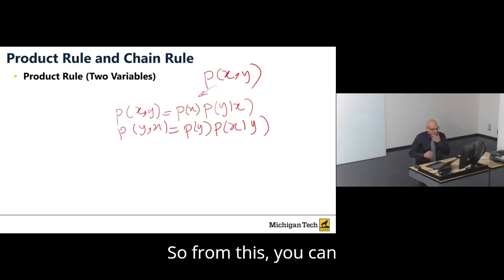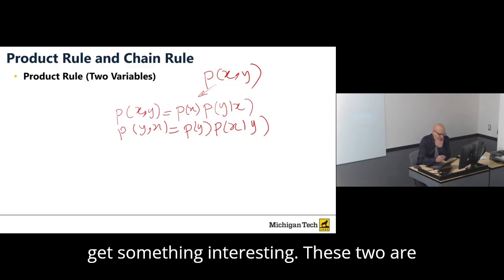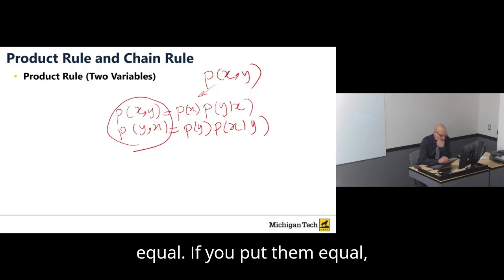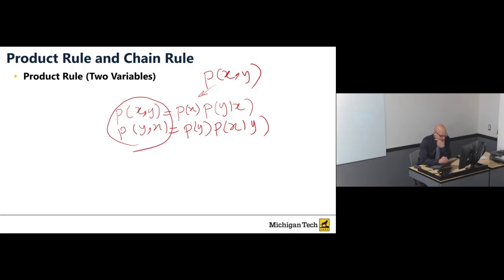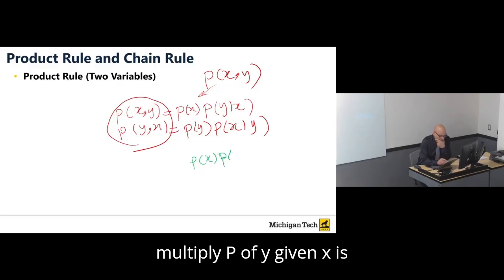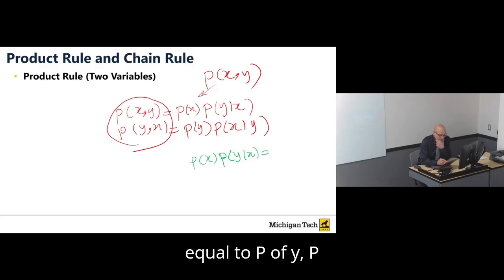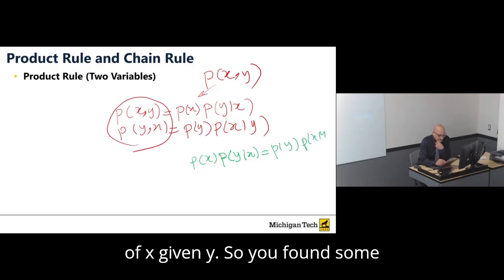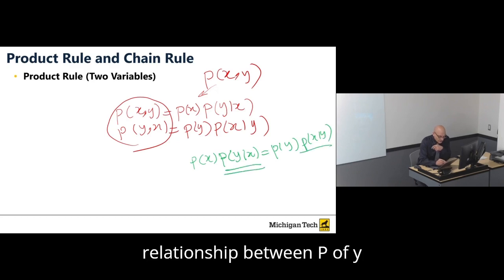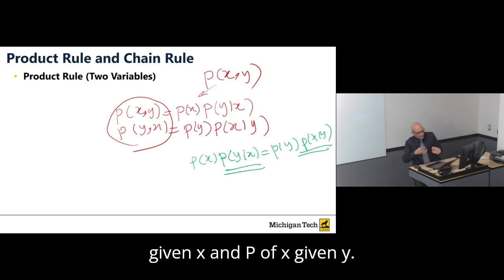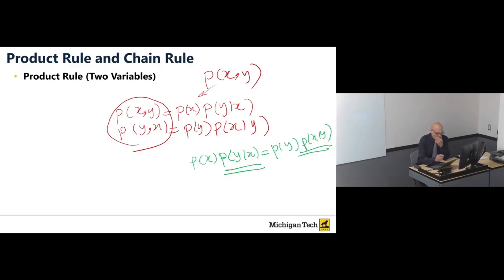From this, you can get something interesting. These two are equal. If you put them equal, what are we going to get? We're going to get P of x multiplied by P of y given x is equal to P of y multiplied by P of x given y. So you found some relationship between P of y given x and P of x given y.